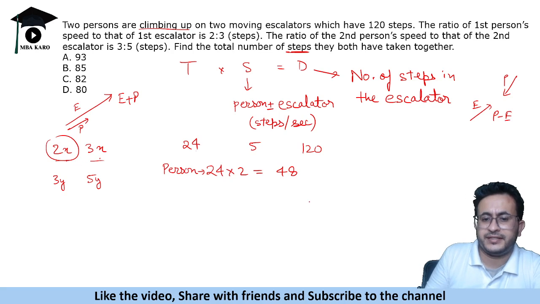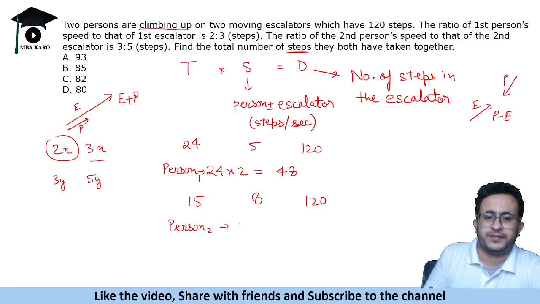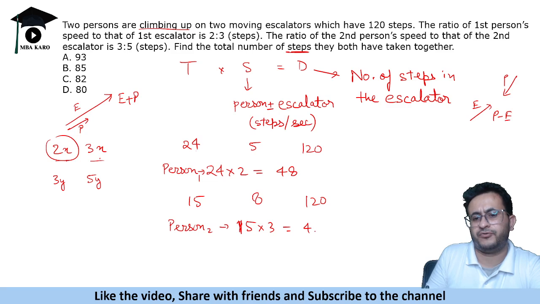Now the second case: the distance is 120, the net speed is 8. So that means we have 15 seconds, and the person takes 3 steps per second for 15 seconds, so he takes 45 steps.